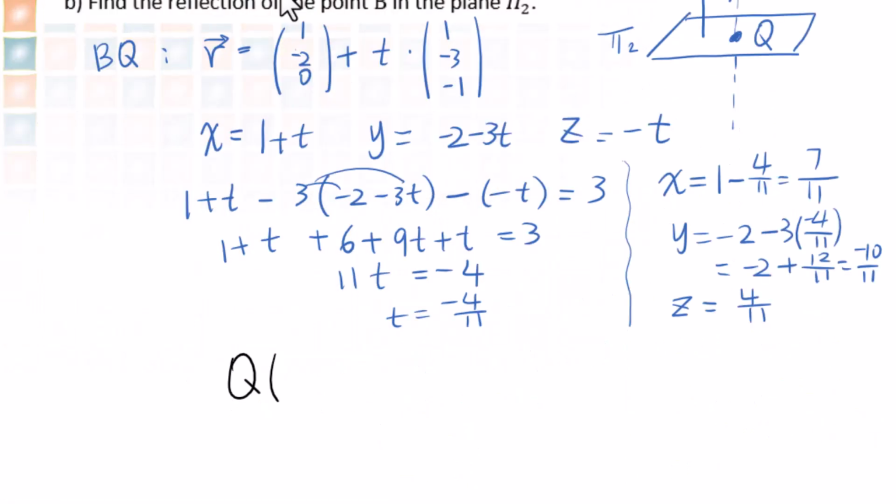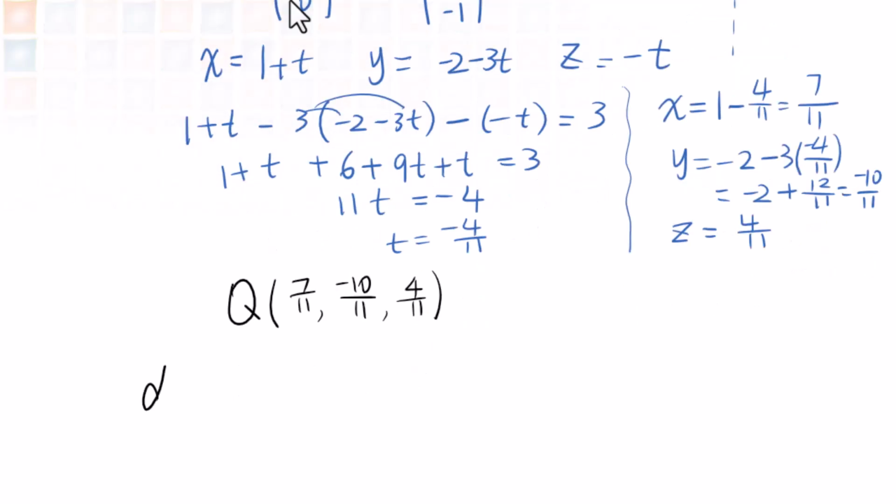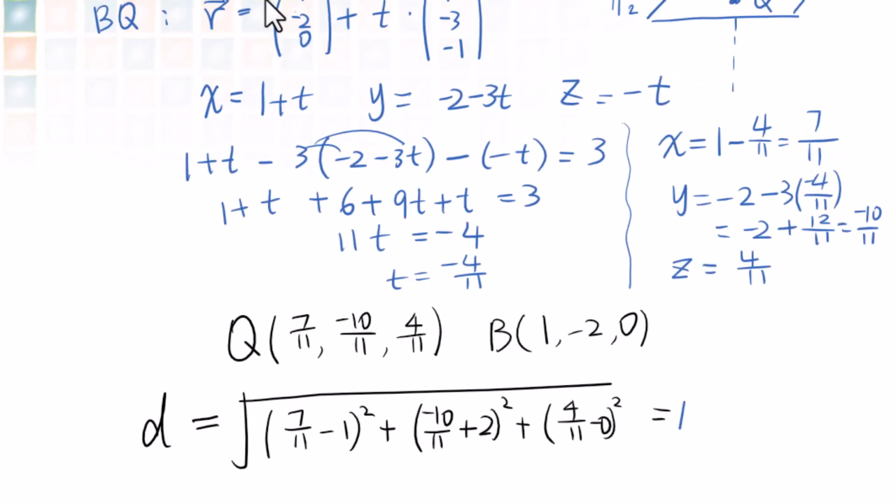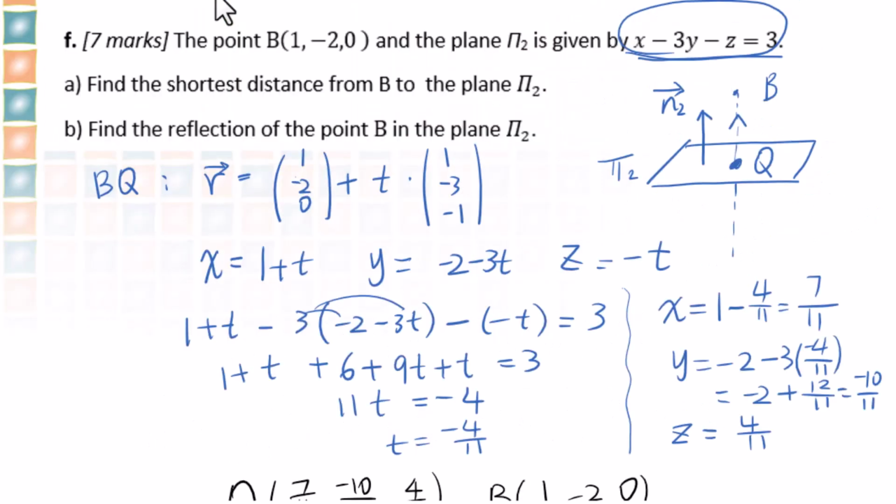Coordinates for Q: 7 over 11, negative 10 over 11, 4 over 11. So the distance between B and Q will be the shortest distance: square root of 7 over 11 minus 1 squared plus negative 10 over 11 plus 2 squared plus 4 over 11 minus 0 squared. Go to calculator. 1.21.